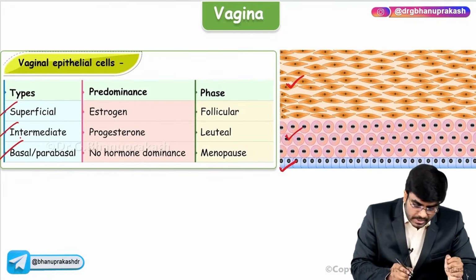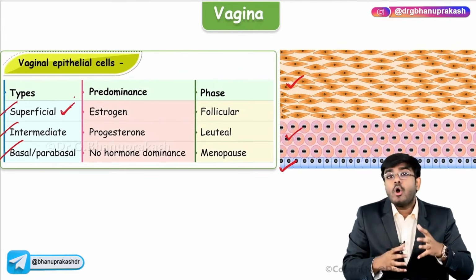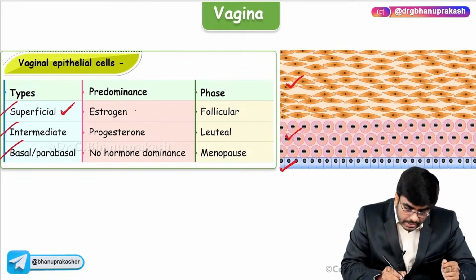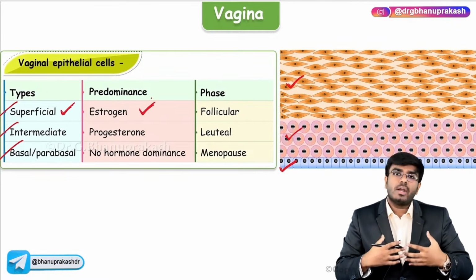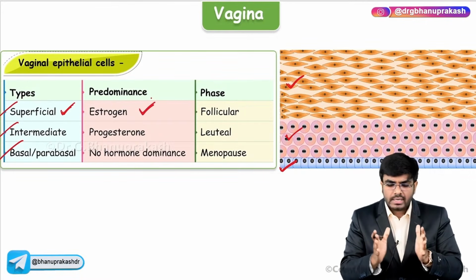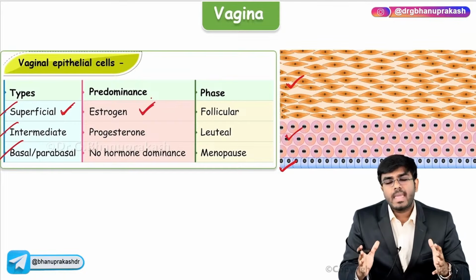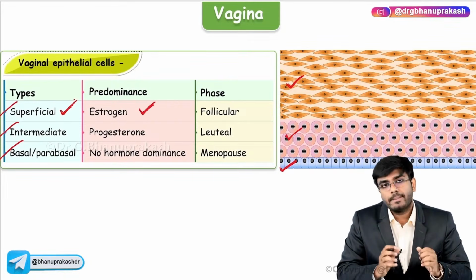For example, please concentrate, superficial cells will be more in number, especially during estrogen predominance. Means in a female body, whenever there is a good number of estrogens in the body, during that state superficial cells will be more in number.